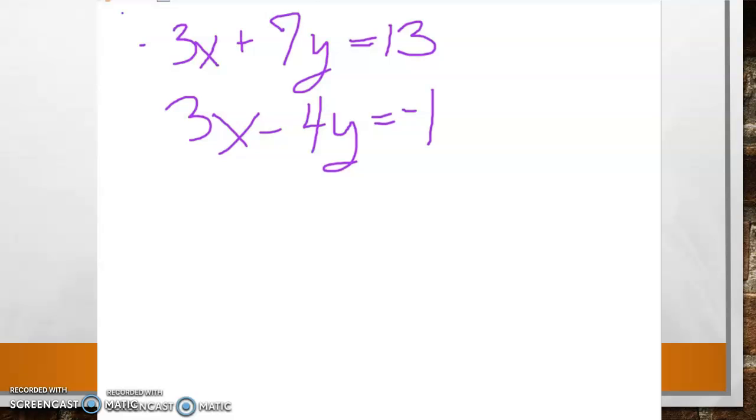Find a different method, either graphing or elimination, or if you're more advanced and you get into matrices, choose one of those methods. Do not get bogged down in this process with substitution if none of the coefficients is a 1.